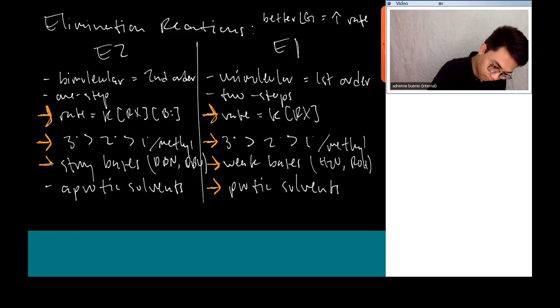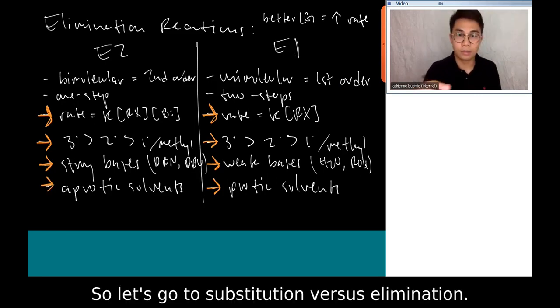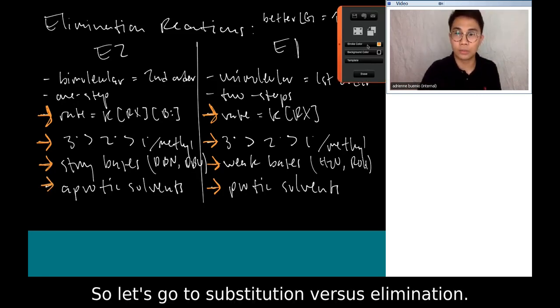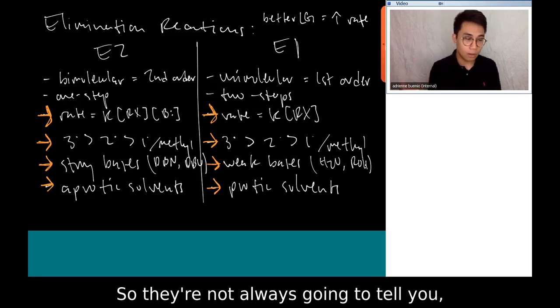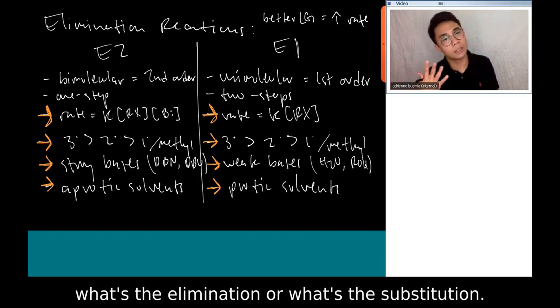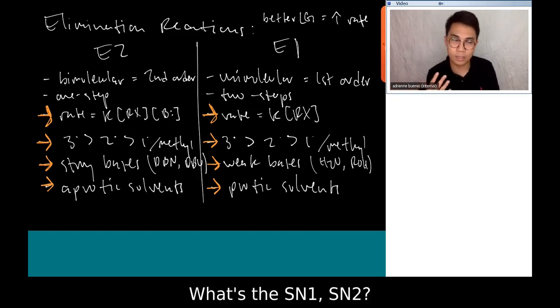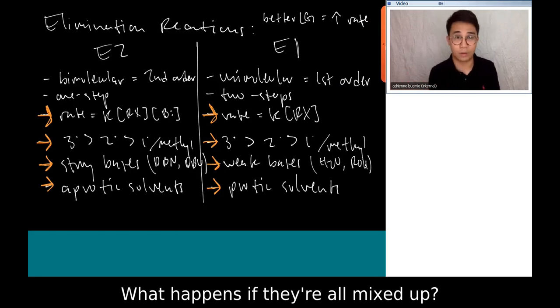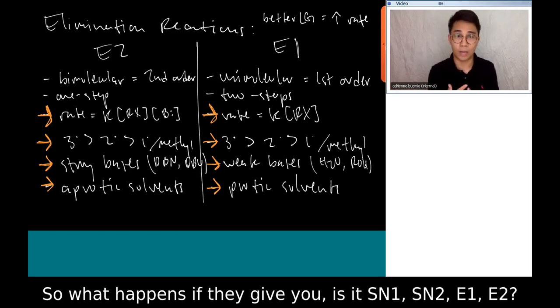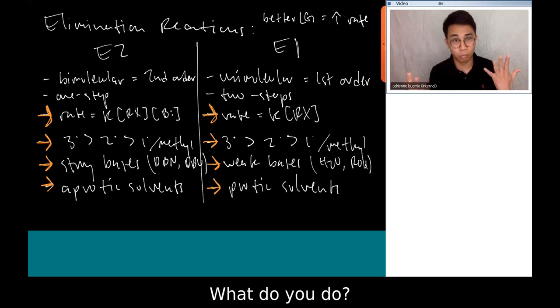So let's go to substitution versus elimination. They're not always going to tell you what's the elimination or what's the substitution. What happens if they're all mixed up, SN1, SN2, E1, E2? What do you do?